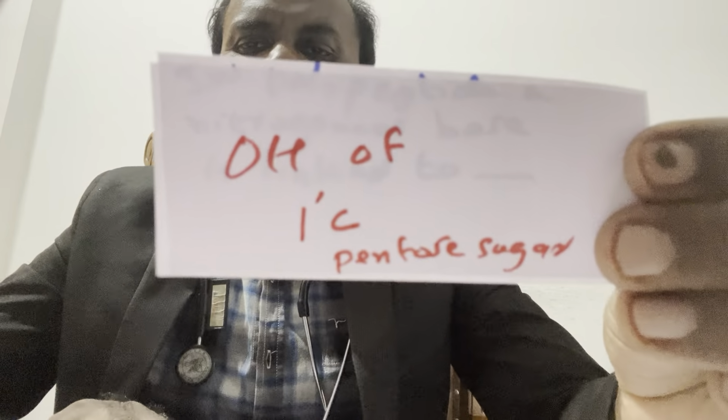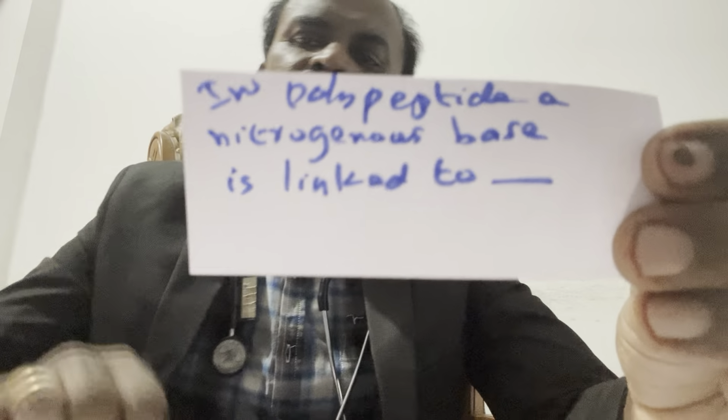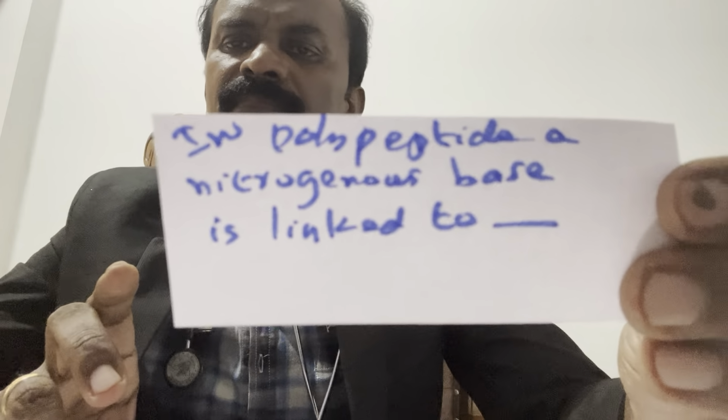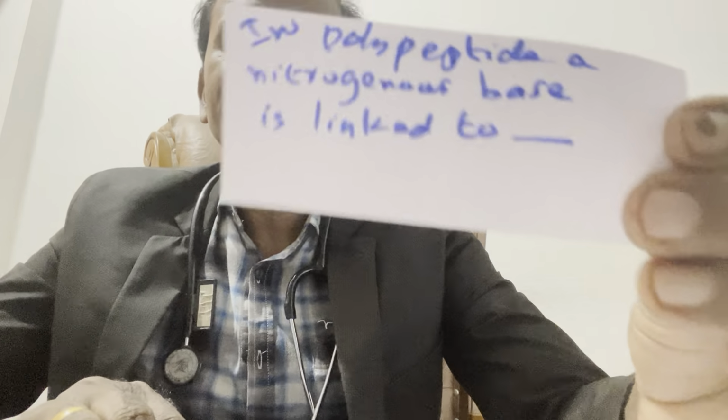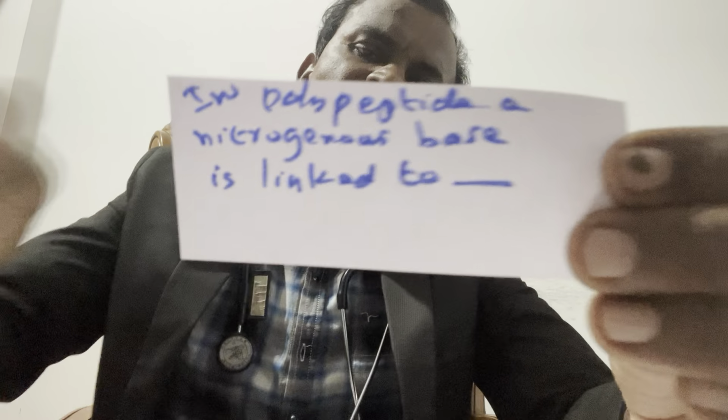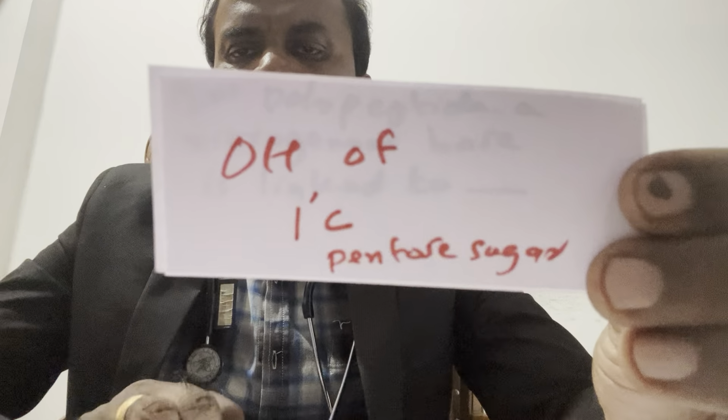What is the question? You forgot. How to remember? 7 days recall. OH of 1 degree pentose sugar. Read the question thoroughly, not the answer.